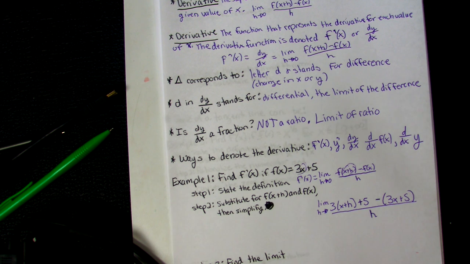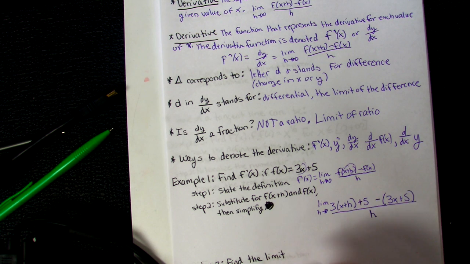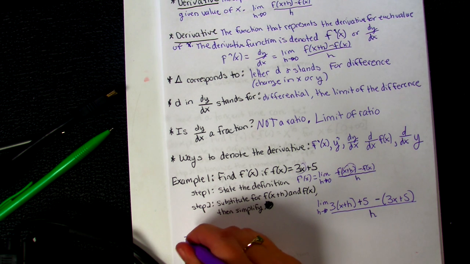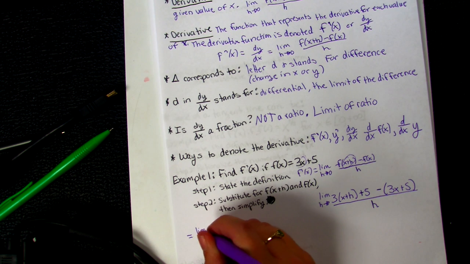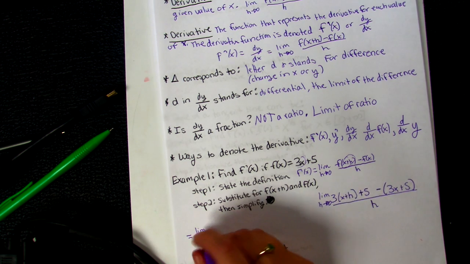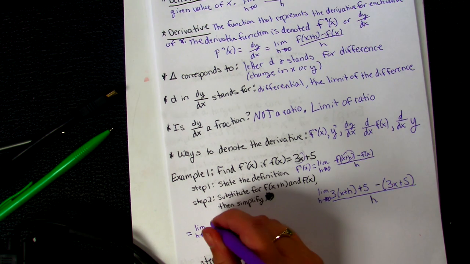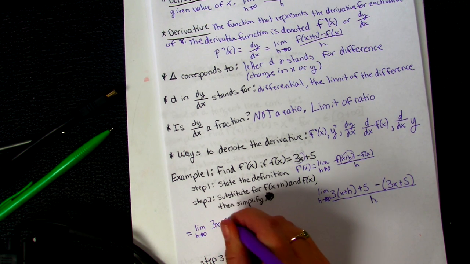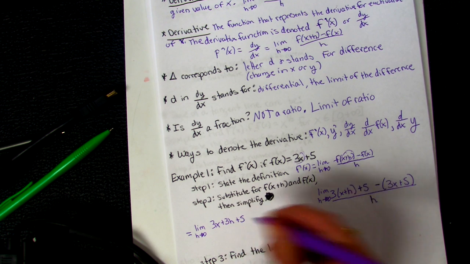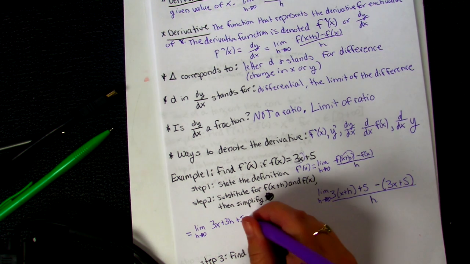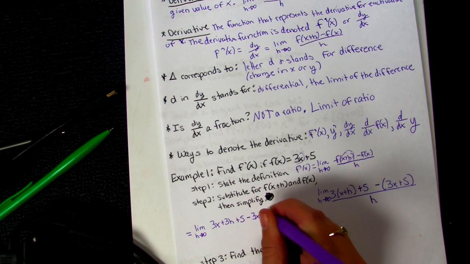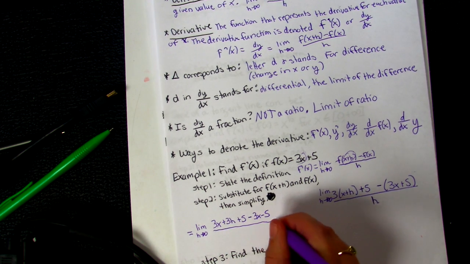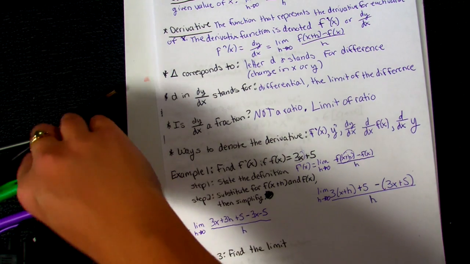All right, so now we do some simplification. This is equal to the limit as h approaches 0, and I'm going to distribute this 3. So I've got 3x plus 3h plus 5, distributed this minus 3x minus 5, all over h.